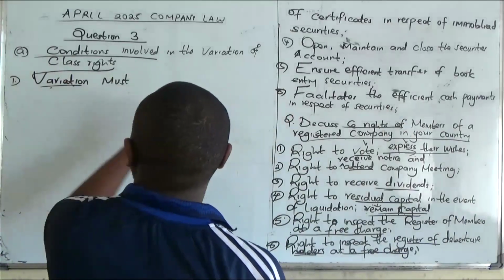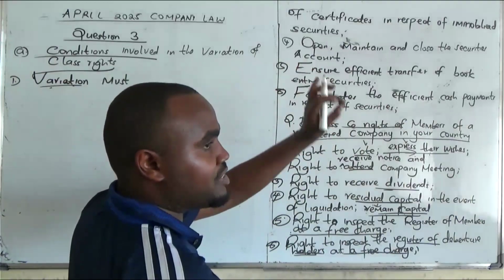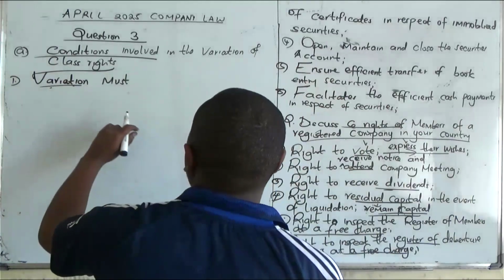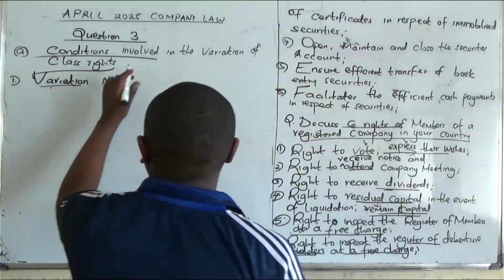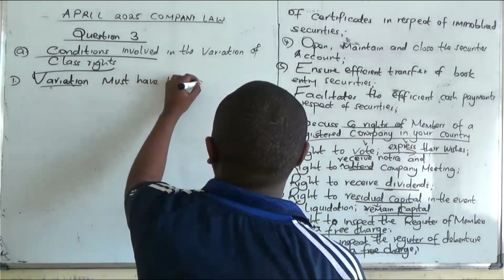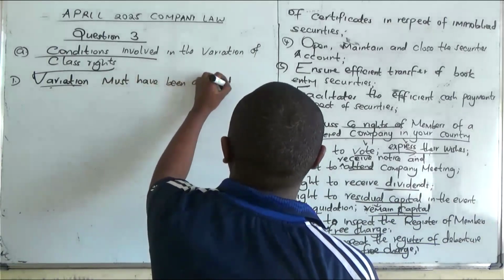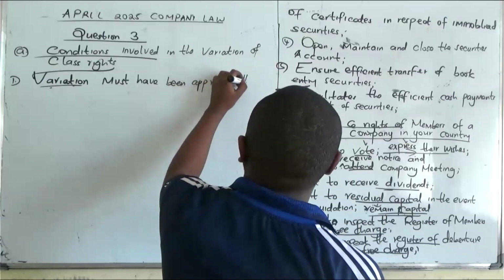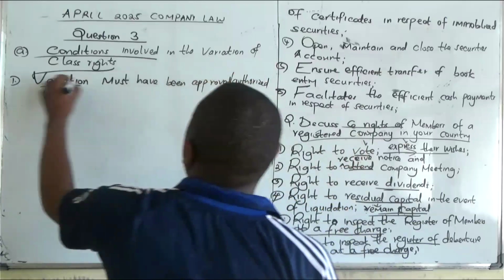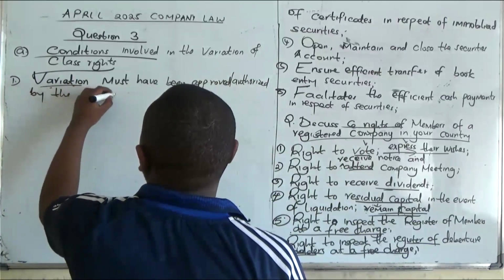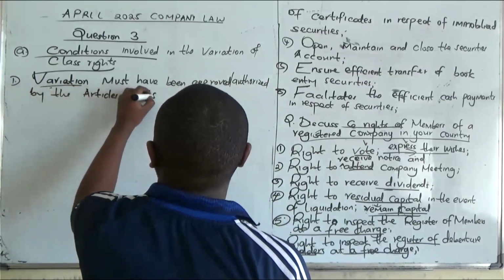You just be saying any alteration on the class of preference shareholders must have been approved by the Articles of Association. So variation must have been approved or authorized by the Articles of Association. Very important answer. By the Articles of Association.